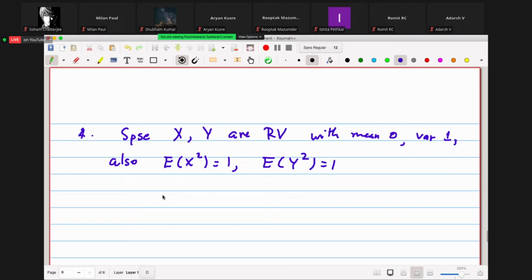And so the covariance, which is equal to rho. That is, recall covariance of this is E of xy minus E of x, E of y.